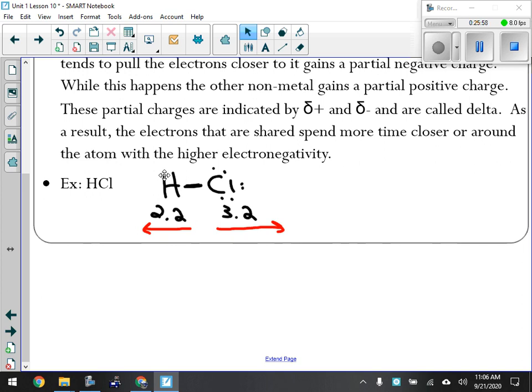And you might already have a question, and that's okay. But it's not a big enough difference for chlorine to say, hey, I want your extra electron, and I'm going to take it from you, because hydrogen's still putting up a decent fight here. So they're kind of going back and forth a little bit, even at this point.